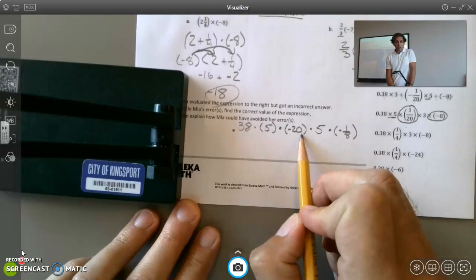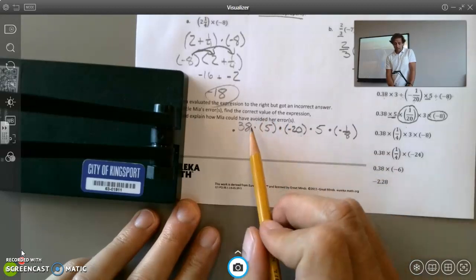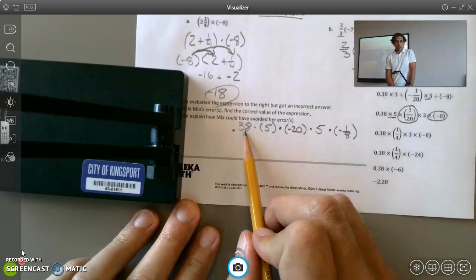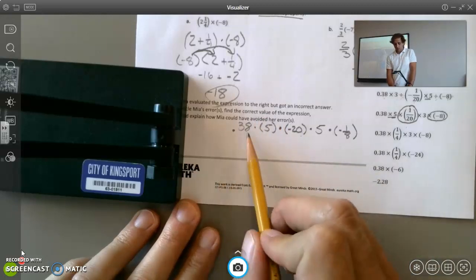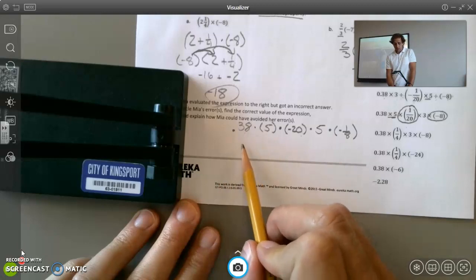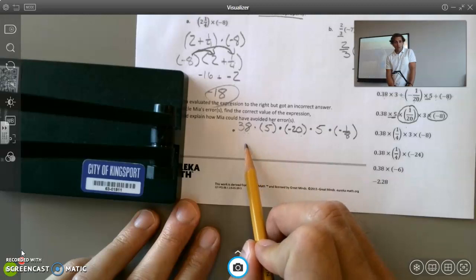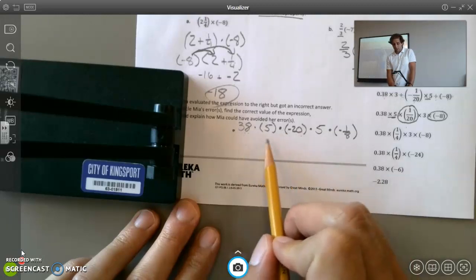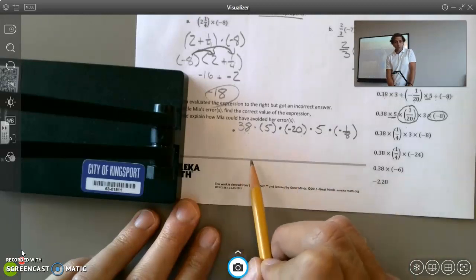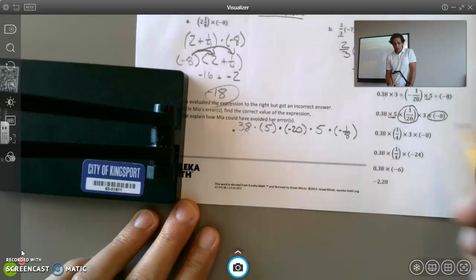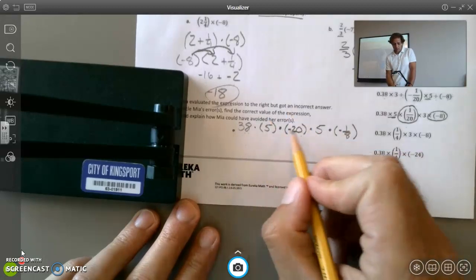That's 100. So I could get this to where this number was no longer a decimal. That might be the best way to do it. I could turn this into a fraction, and then continue to simplify the fraction. There's a couple different options, but let's go ahead and create 100.